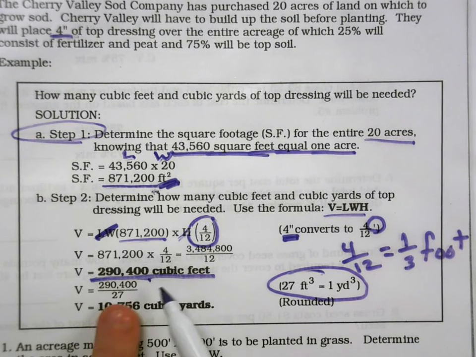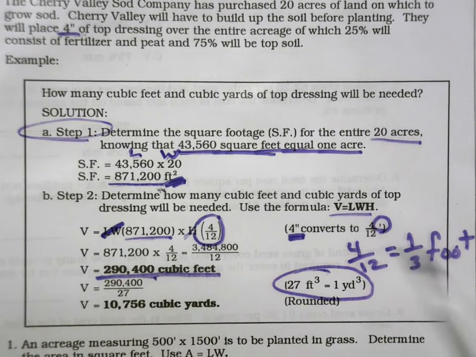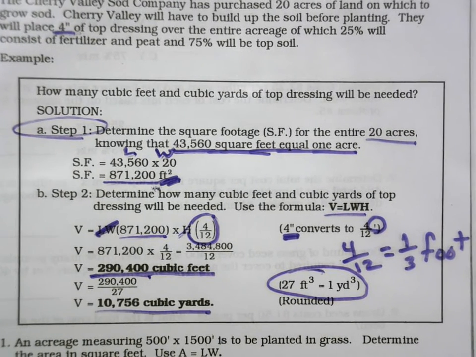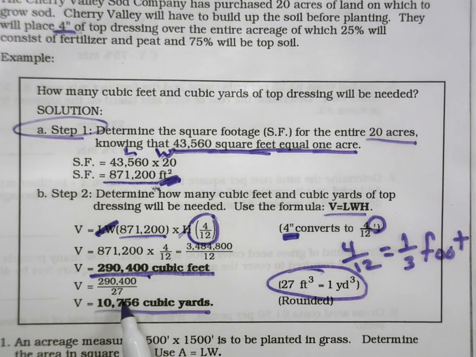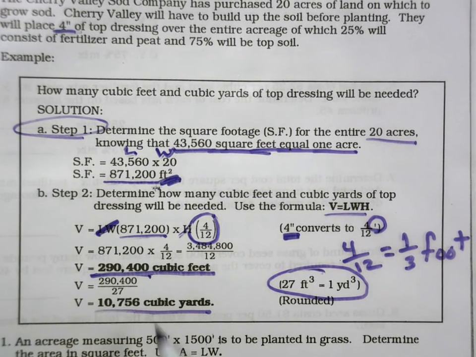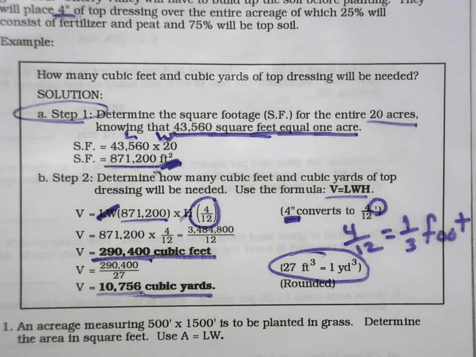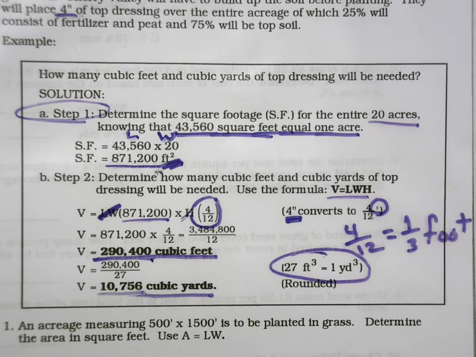So that means if our unit is in feet, to get it in yards, we're going to have to divide because there should be fewer yards than feet. Does that make sense? So the answer in cubic yards is that number we got there in cubic feet divided by 27, which gives us 10,756.